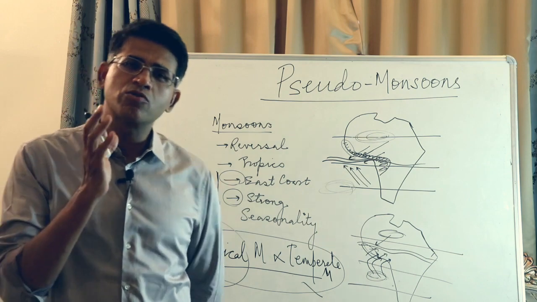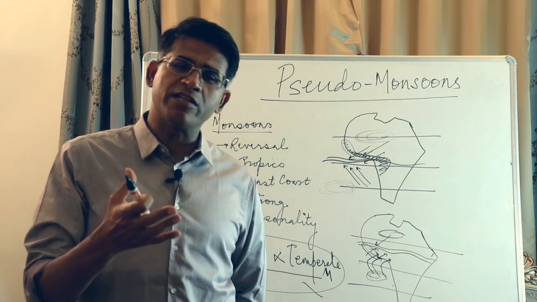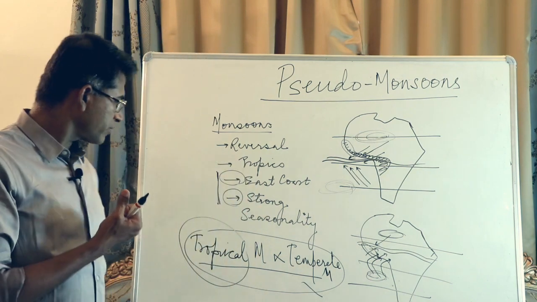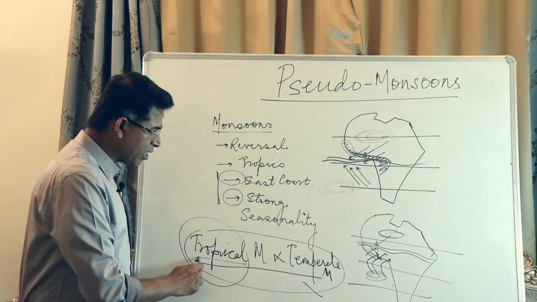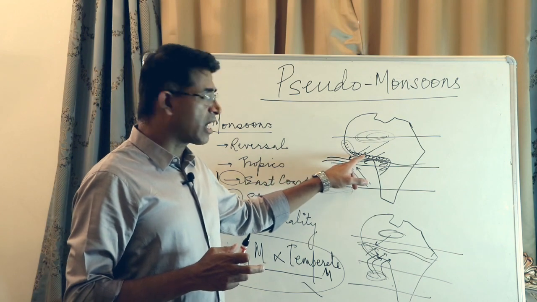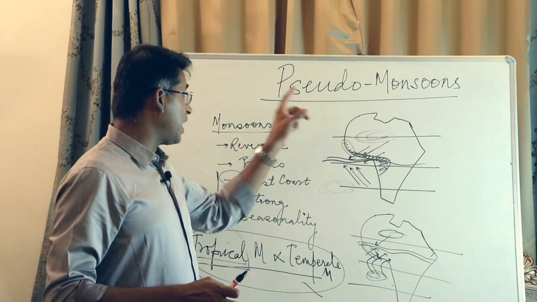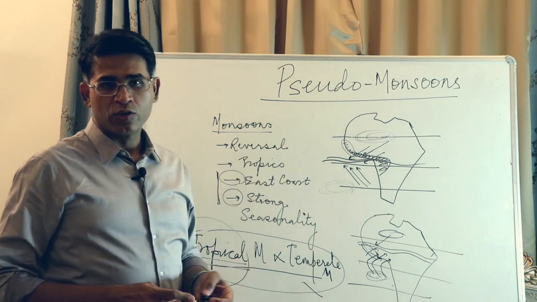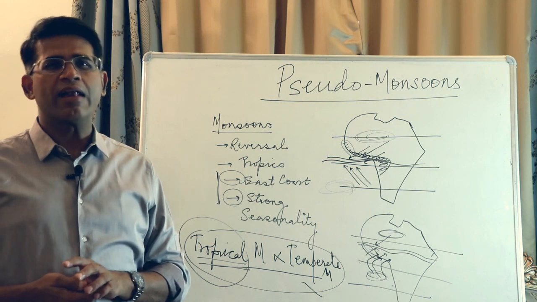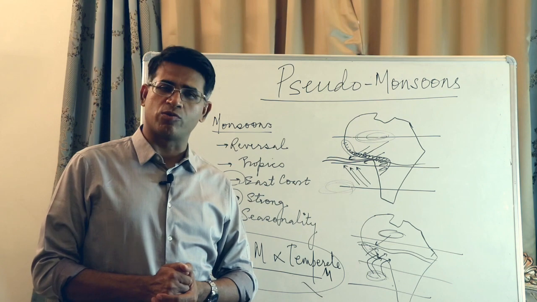So tropical monsoons are typical of 5 regions, including South Asian and Southeast Asian monsoons. Now, the monsoons along the Gulf of Guinea coast, we refer to as pseudo monsoons. Pseudo as in false, not the best developed, and as a convention, your Savindra Singh textbook mentions this as pseudo monsoons.